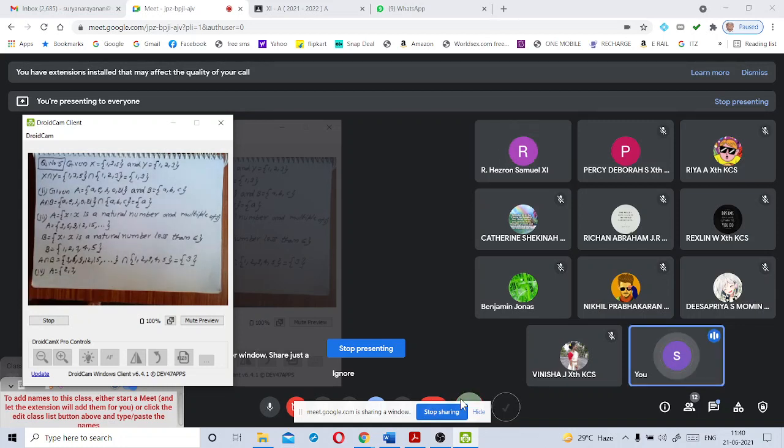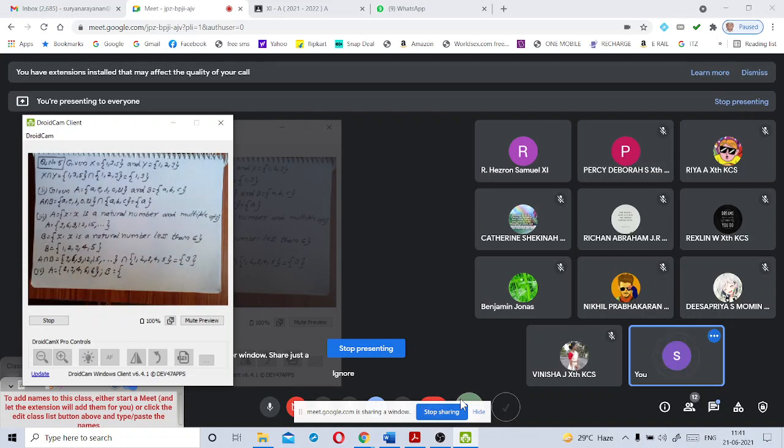Yes, very good. 2, 3, 4, 5, 6 only, because the x value should be less than or equal to 6. It may be equal to 6 also, so 6 should be considered. Understood this one, my dear children?